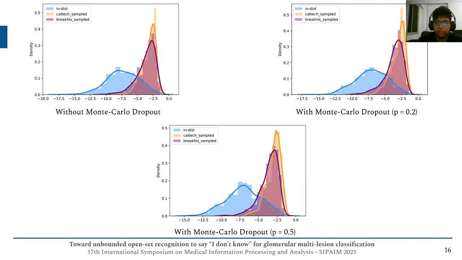For OOD detection, we computed the energy score for IN and OOD, considering the three proposed variations. To compute the evaluation measures, we analyzed this energy score and defined a threshold value.